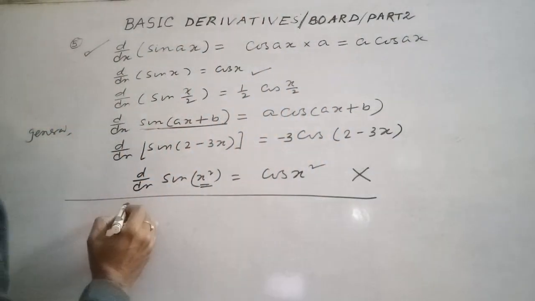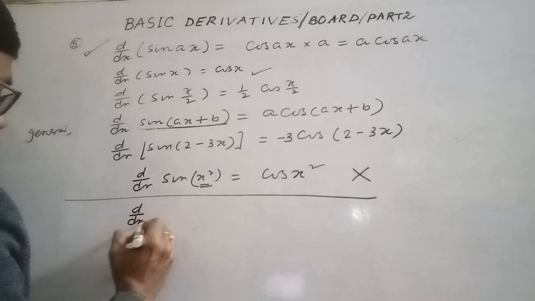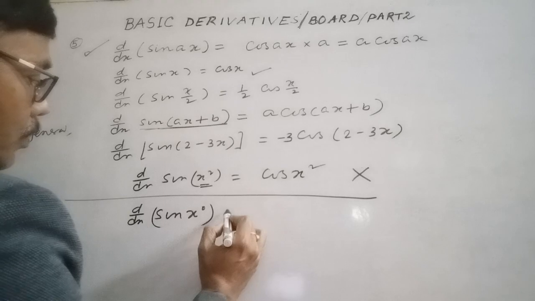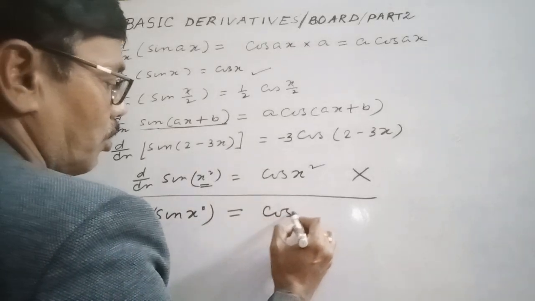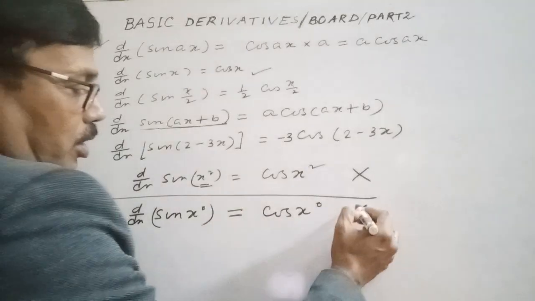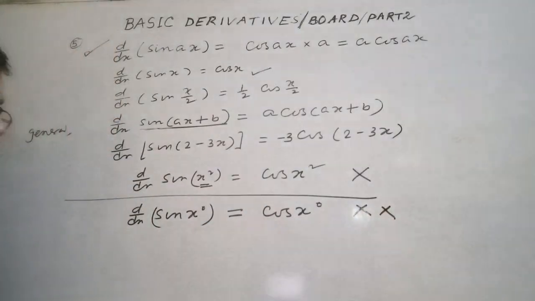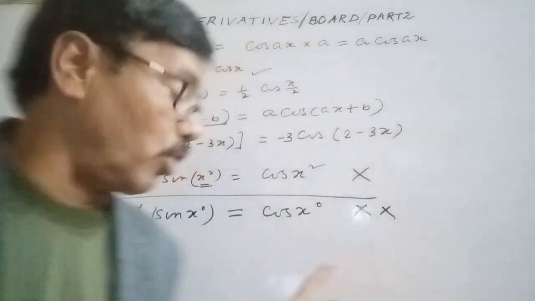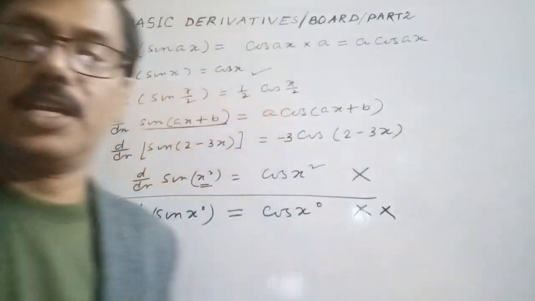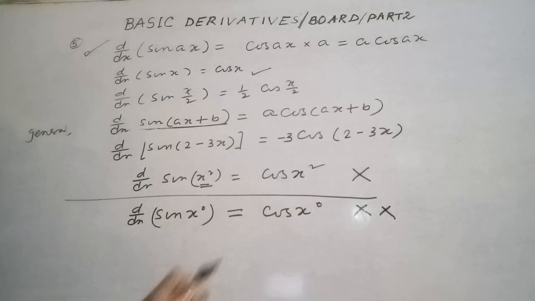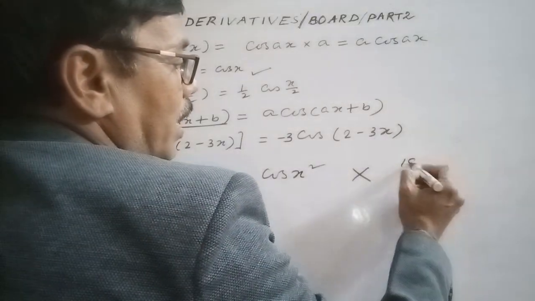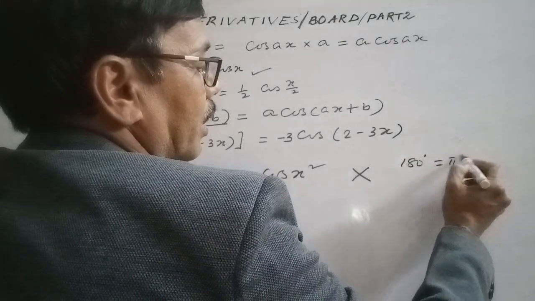But look, if d dx of sin x degree, so cos x degree, derivative, this is not true because this is not measured in radian. In this case, you have to change degree to radian. You know 180 degree equals to pi radian.